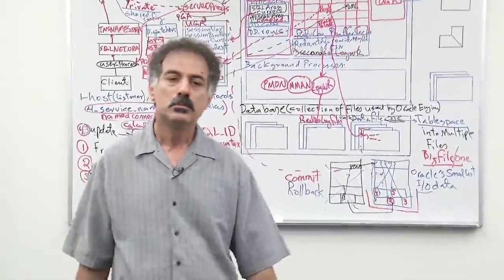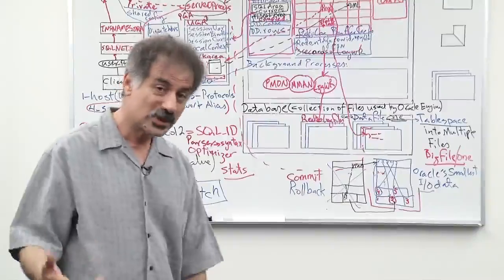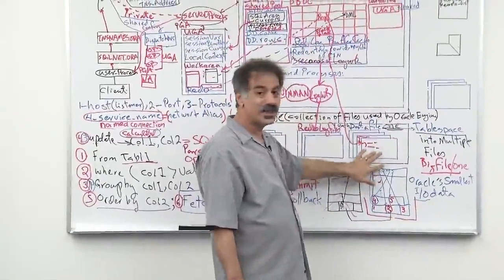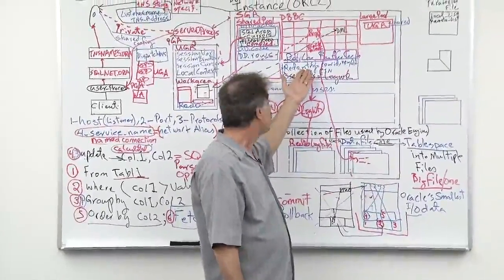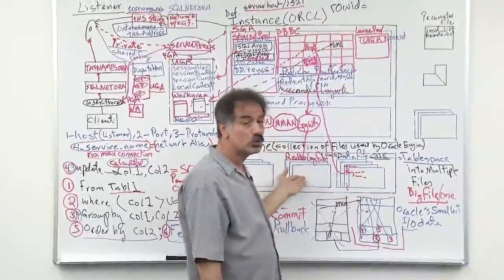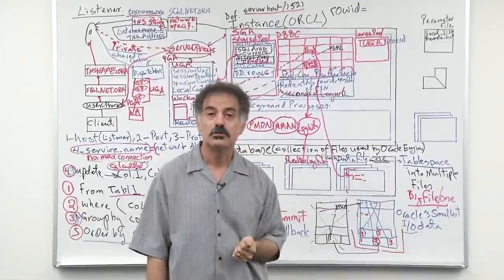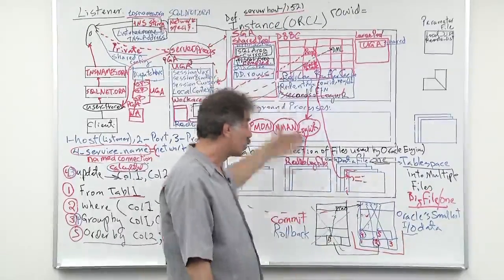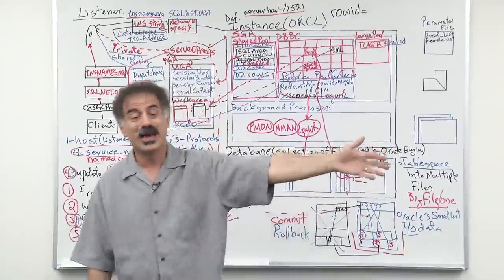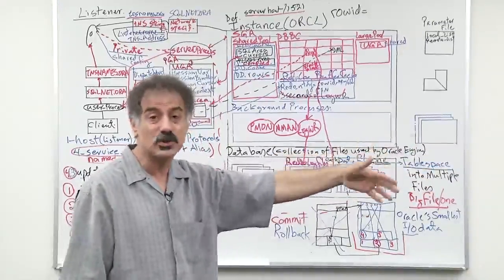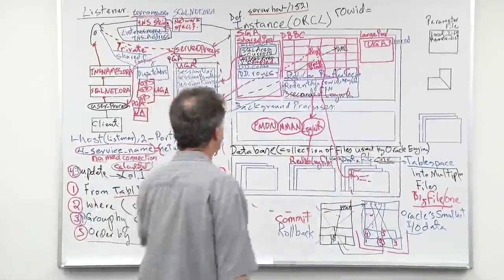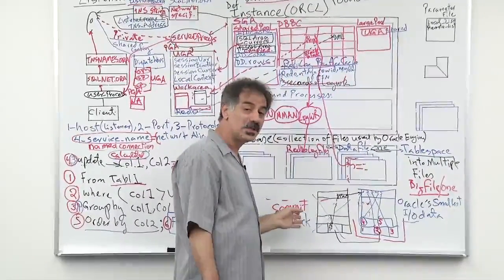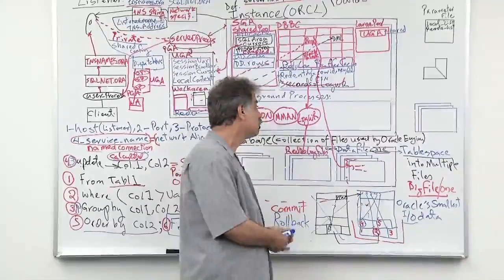So, sometimes, as we just said, the changed blocks go to the disk after the commit that fired these redos into the redo log files. Sometimes I fire the commit, the redos get dumped, and John's change that wasn't even committed may also be written onto the disk because all the redos were already written onto the disk. Okay?